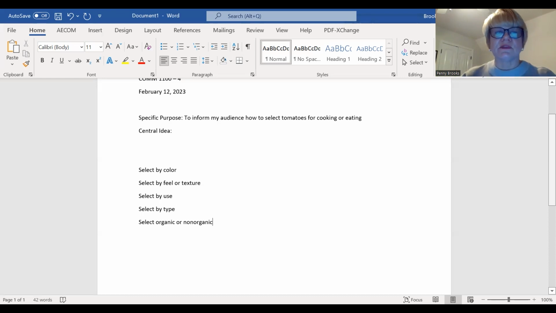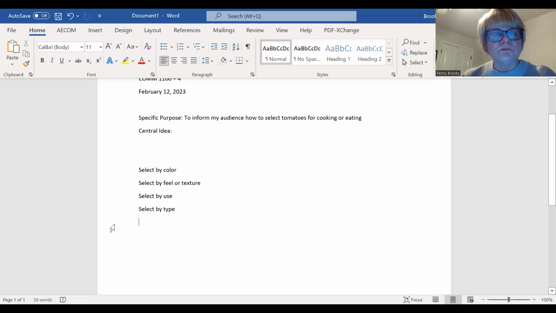If you're in a store, you just look at the organic section. I'm not really talking about the virtues of organic versus non-organic tomatoes, because this is about how to select them for use in your recipes. If I start talking about organic stuff, I have to get into why it's a thing, and that's a distraction from the rest of my speech. So let's take that one out.